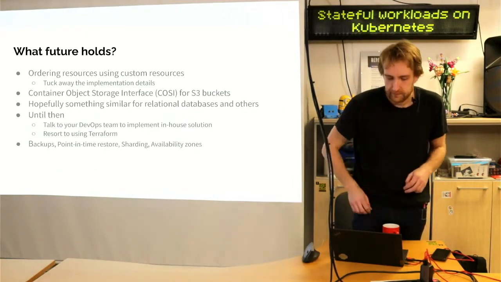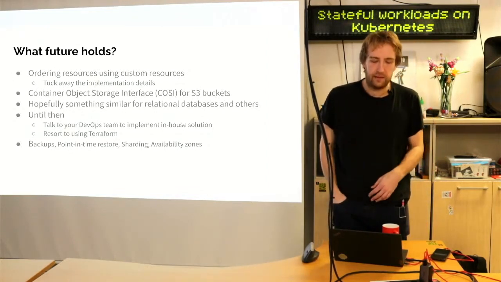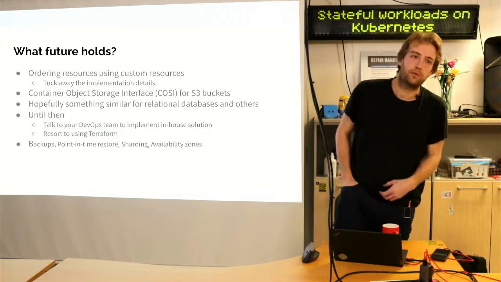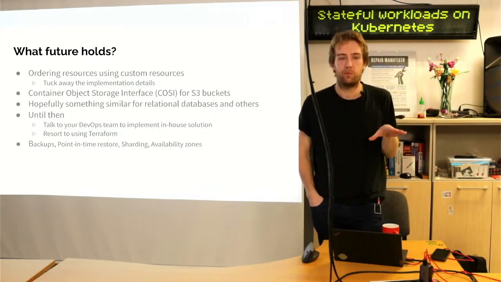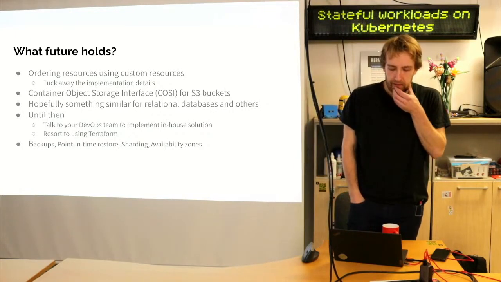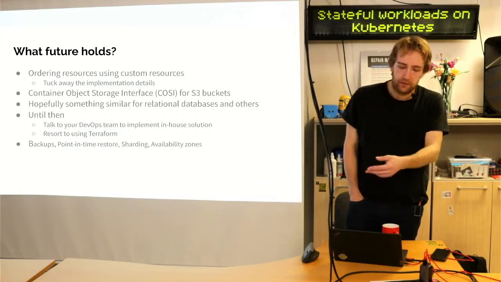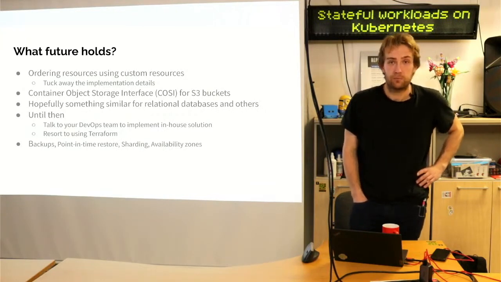So yeah, what does the future hold? I hope that there will be more of this automation inside the Kubernetes cluster. So maybe we could actually one day drop Terraform, so that we don't need Terraform. And for example, there is this Container Object Storage Interface standard, which is being worked on at the moment.